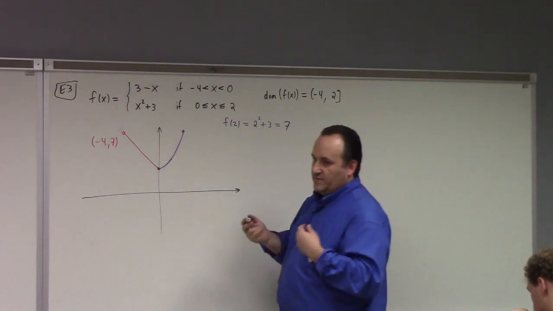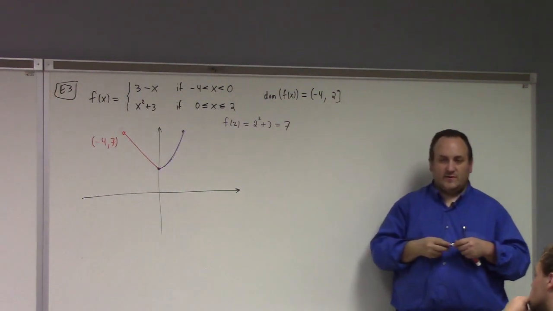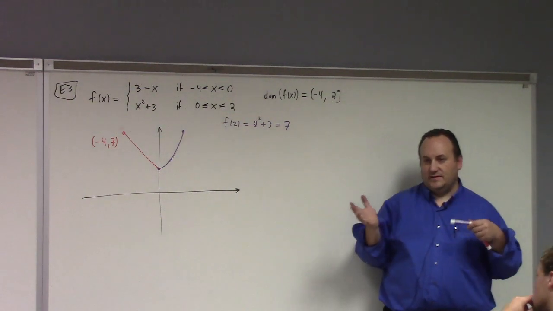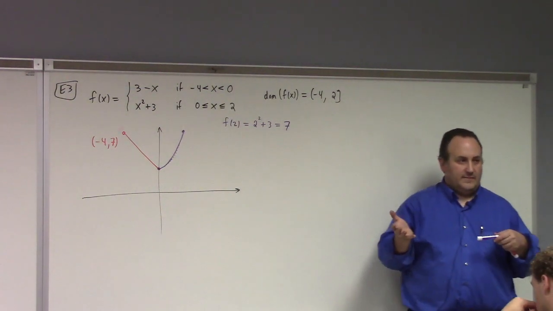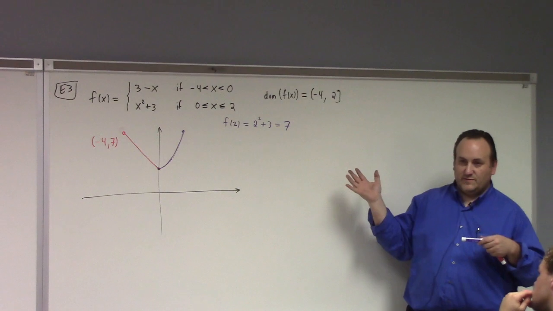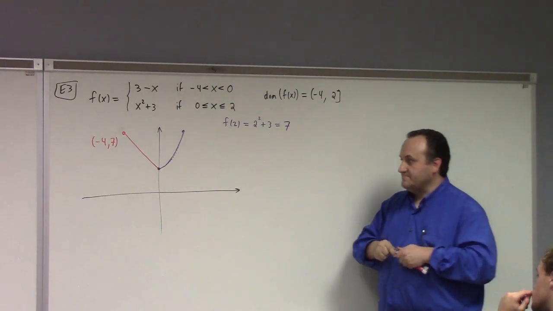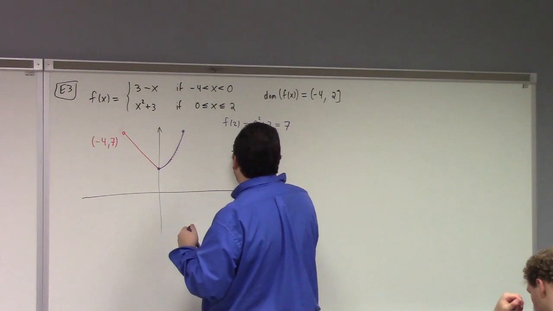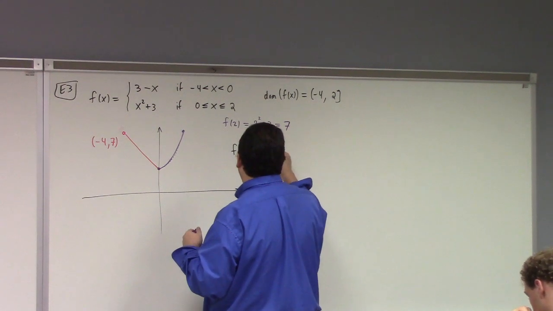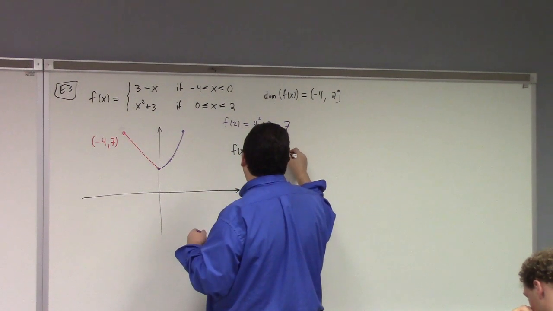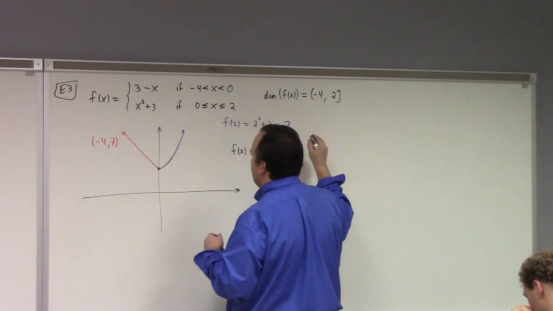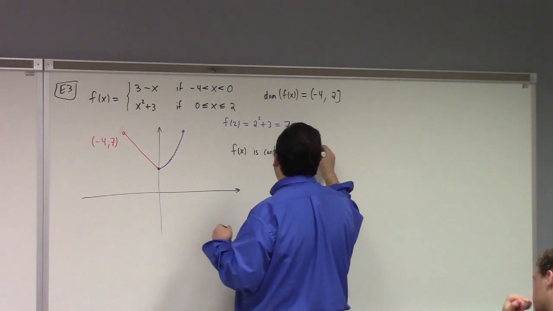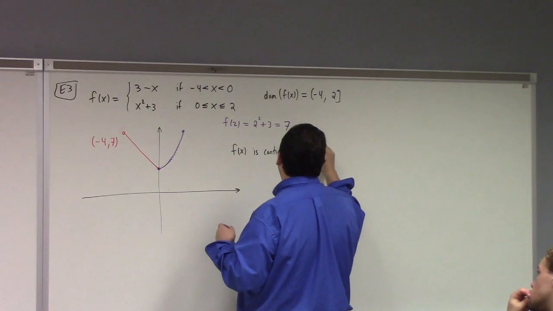Now, the first two examples that I gave you guys were examples of functions which were not continuous, right? Now this one, in contrast, is what's called continuous. Why is that? The lines are connected. That's good.